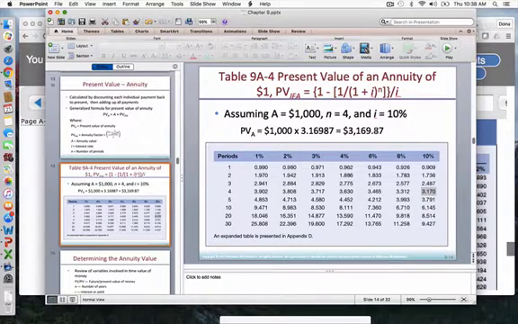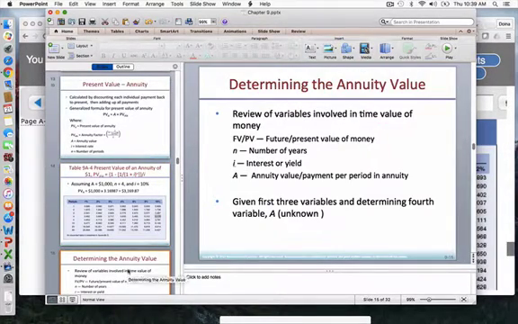Okay, now let's do one more case here to keep this recording short. What if we don't know the annuity value? Suppose you guys want to become millionaires by the time you retire. So let's come up with an example.